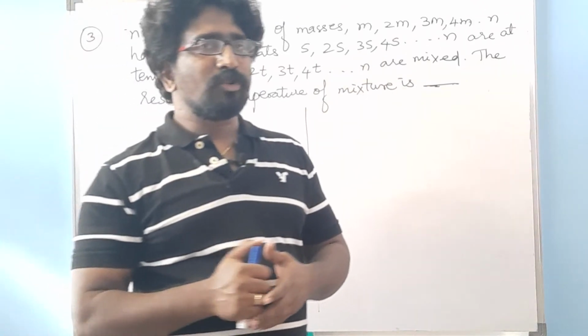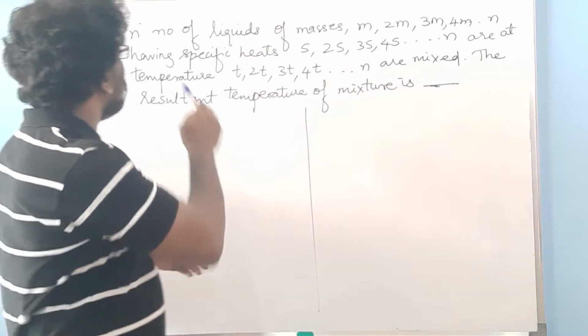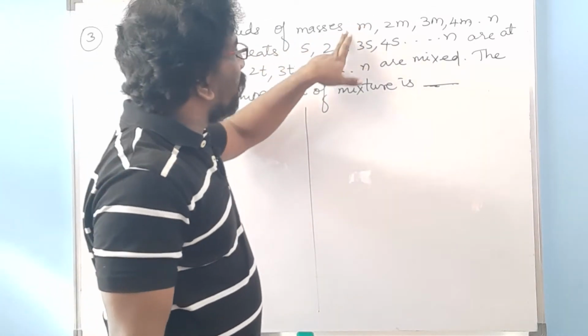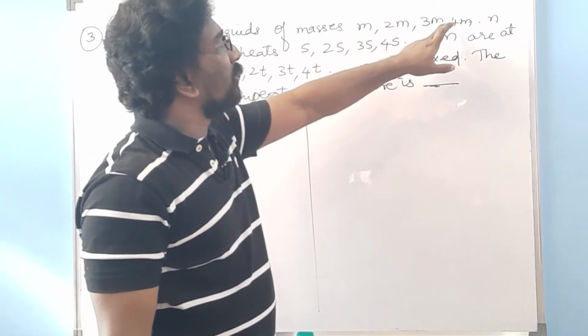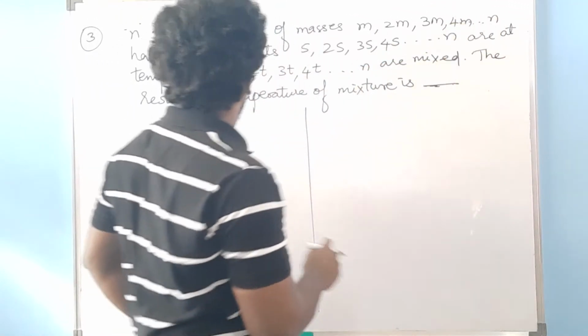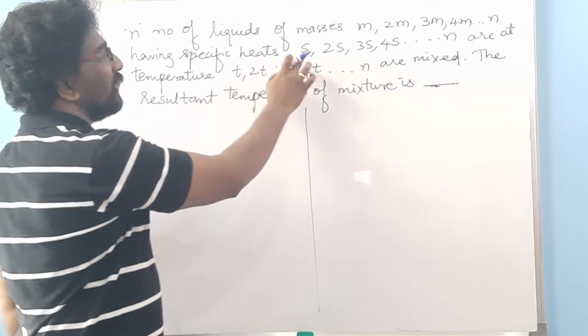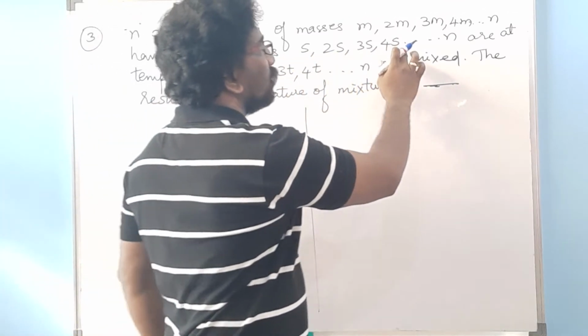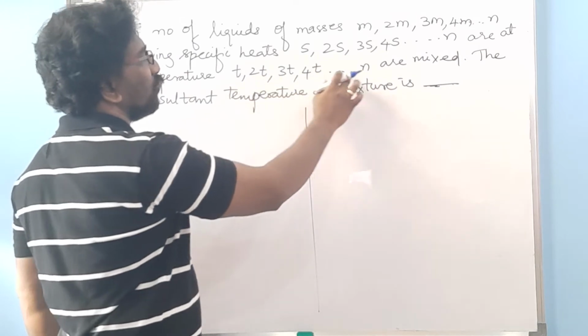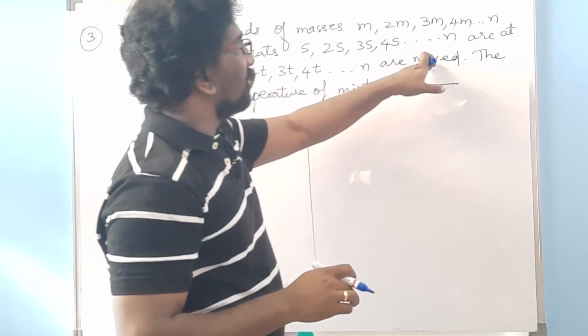Okay, let us see this question. It is given that n number of liquids of masses m, 2m, 3m, 4m, and so on up to n, having specific heats s, 2s, 3s, 4s, and so on up to n, are at temperatures T, 2T, 3T, 4T, and so on up to n, and are mixed.